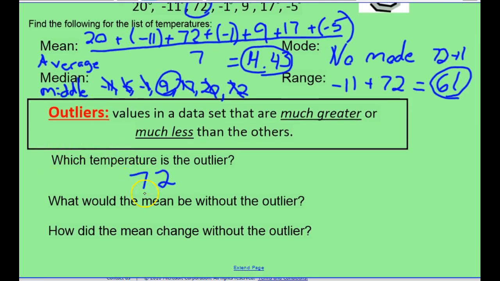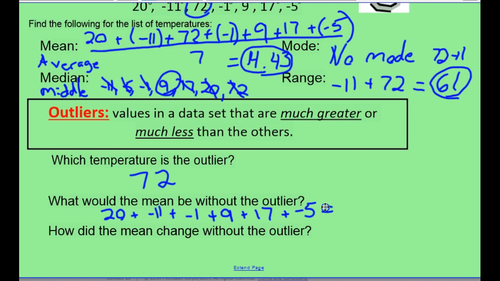Without the outlier, we need to find our mean. So if we got rid of that 72, we would have 20 plus negative 11 plus negative 1 plus 9 plus 17 plus negative 5.